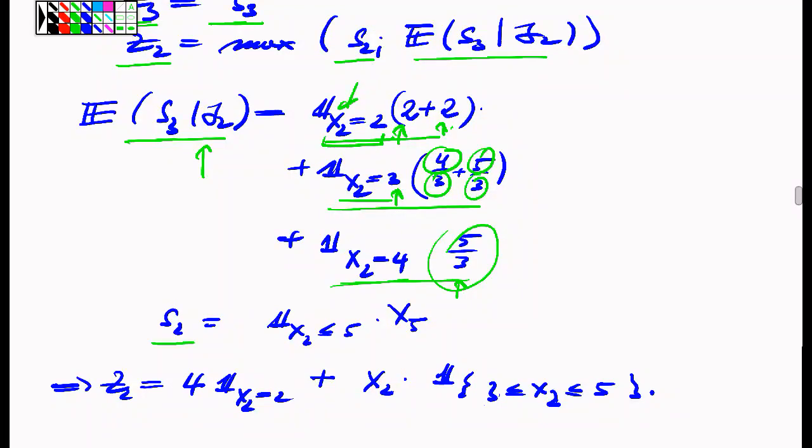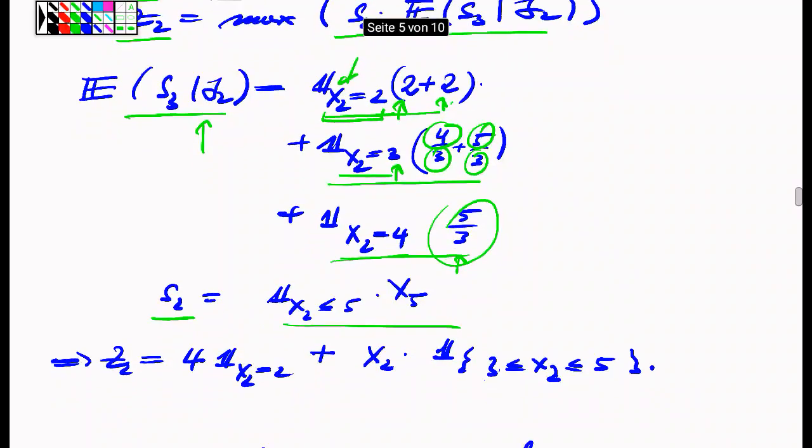And this needs to be compared with the output that you obtain if you just stop playing in round 2, which is just the aggregate number, provided that number is no bigger than 5.